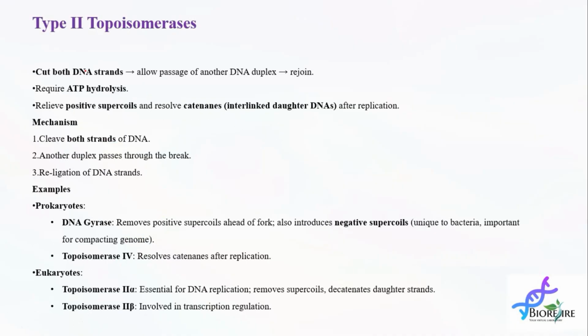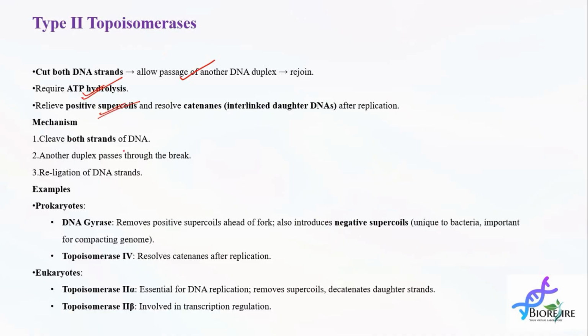Next is type 2 topoisomerase. It generates a cut in both strands; both strands are cut and rejoined. It requires ATP for its activity. It releases the positive supercoiling.